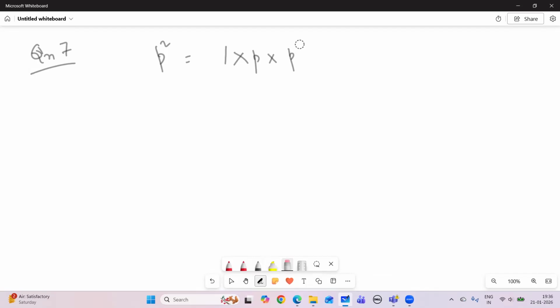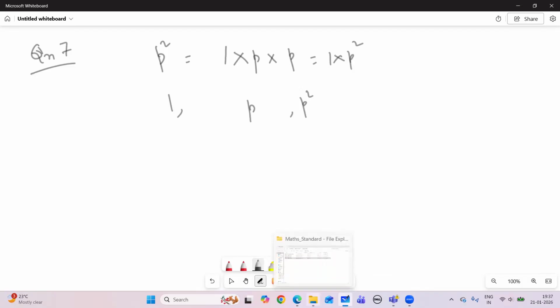So what are the factors? 1 is a factor, p square itself is a factor, and p is a factor. So 1 is a factor, p is a factor, and p square is also a factor.